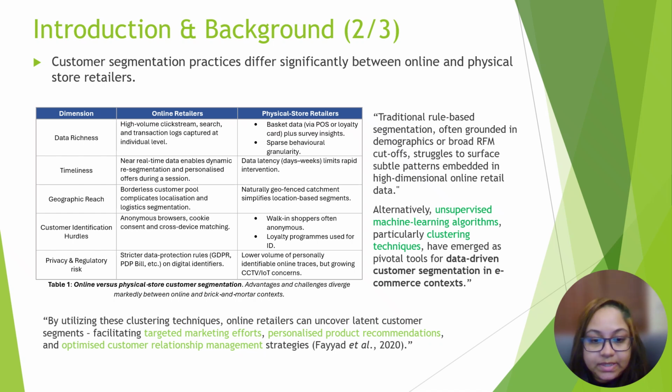By utilizing these clustering techniques like K-means, mini batch K-means, or DBSCAN, online retailers can uncover latent customer segments, facilitating targeted marketing efforts, personalized product recommendations, as well as optimized customer relationship management strategies.